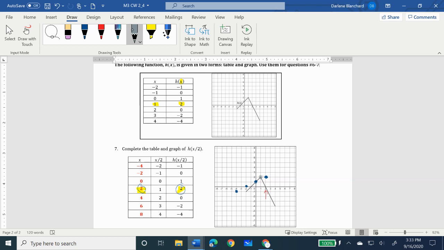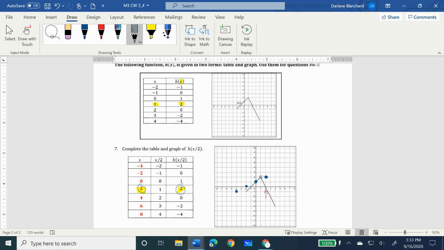Originally on the h function, this came from putting 1 into the function and 2 came out. Before putting in 1, we got numbers out that were less than 2. After looking at x equals 1, we got numbers that were smaller than 2.